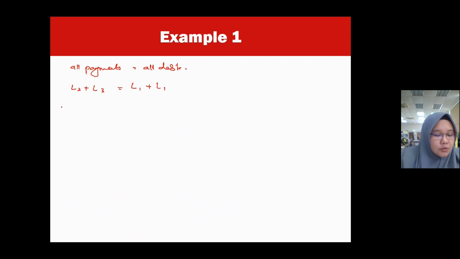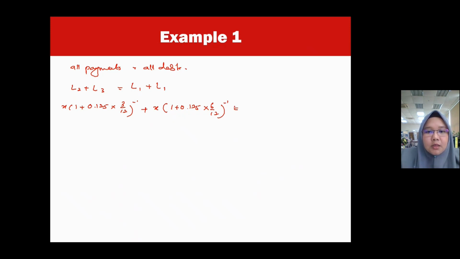Okay, so X(1 + 0.125 multiplied by 3 over 12) to the power of -1, plus line 3. Just now we already found line 3, X(1 + 0.125 multiplied by 6 over 12) to the power of -1, equal to line 1 plus line 4.